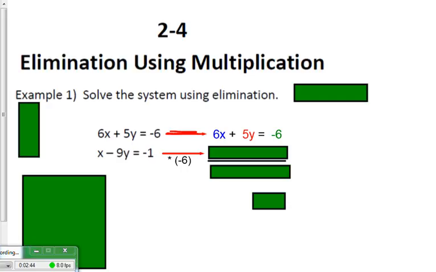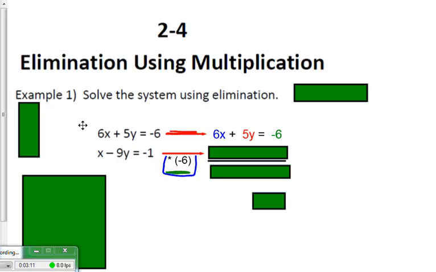This bottom one, though, as I'm looking at my x's, I have positive 6x up here and just x in this one. I can easily make those opposites if I multiply the bottom one by negative 6. So each term is being multiplied by negative 6.